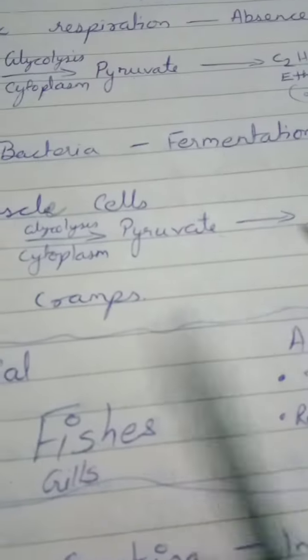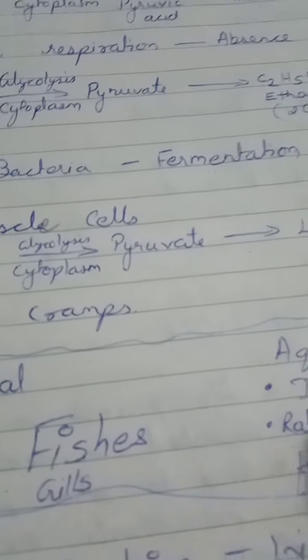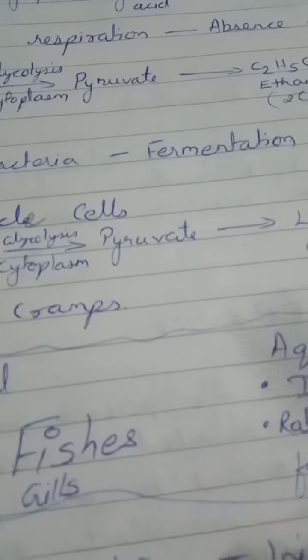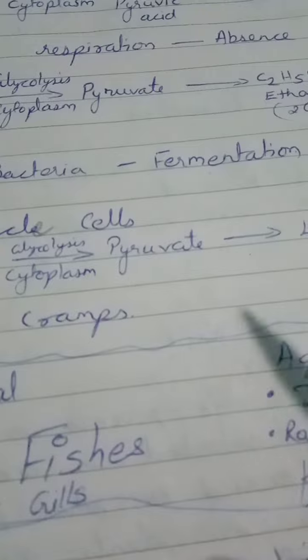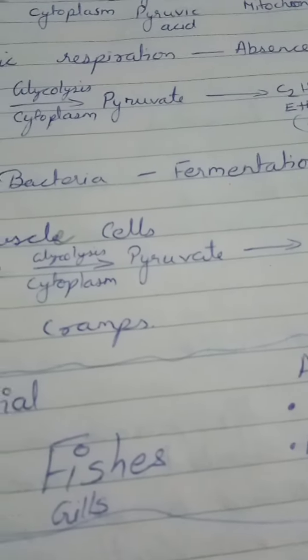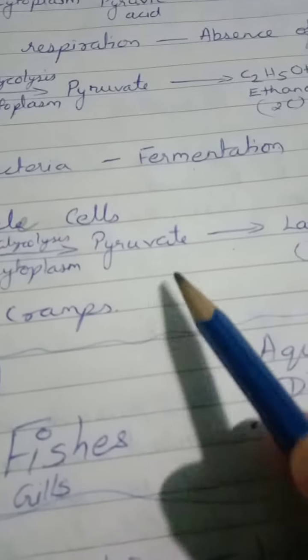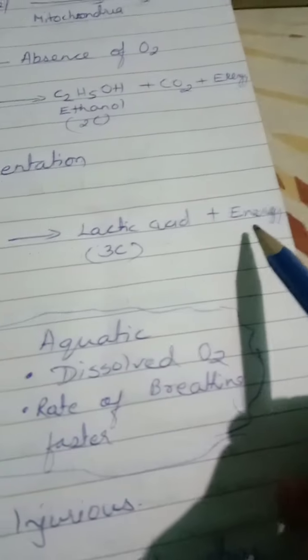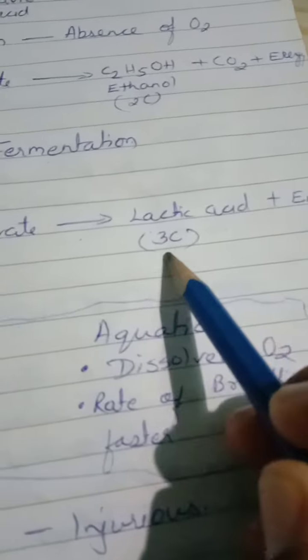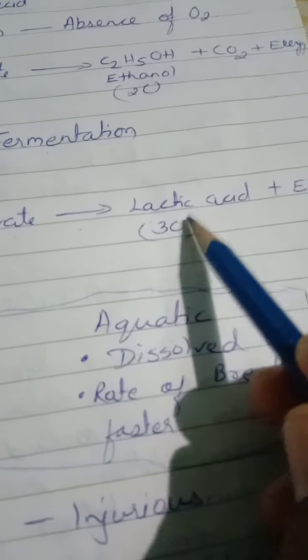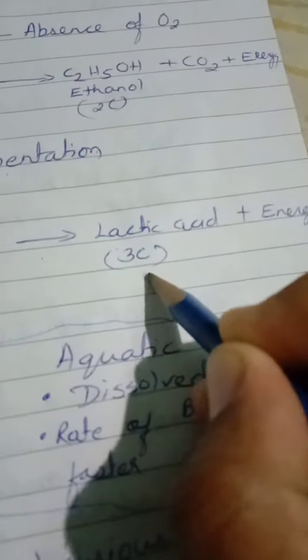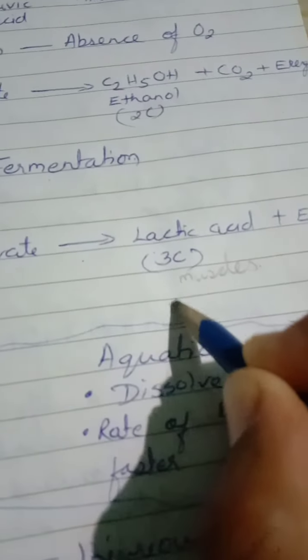But when there is an insufficient amount of oxygen, that means you are not able to get the amount of oxygen which is needed for your lungs, for your metabolic activities, at that time pyruvate is converted into lactic acid and energy. Lactic acid is a 3-carbon compound which gets accumulated in your muscles, and which results in muscle cramp.